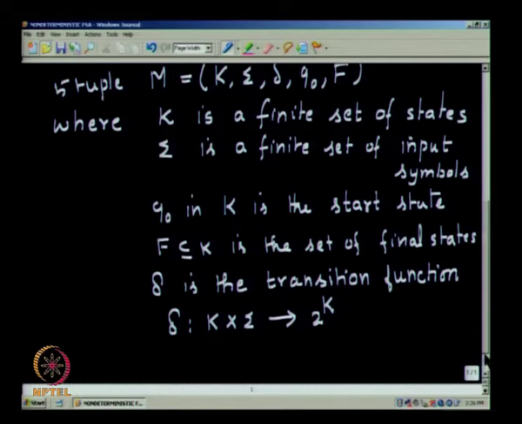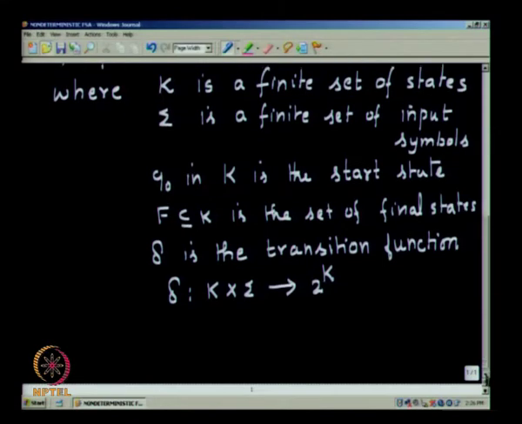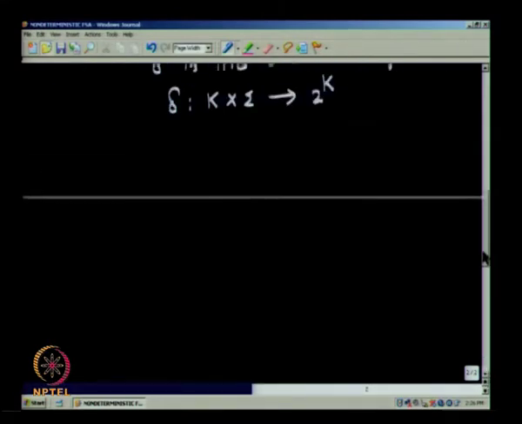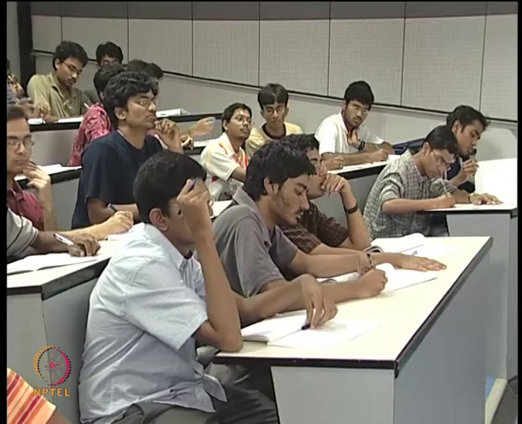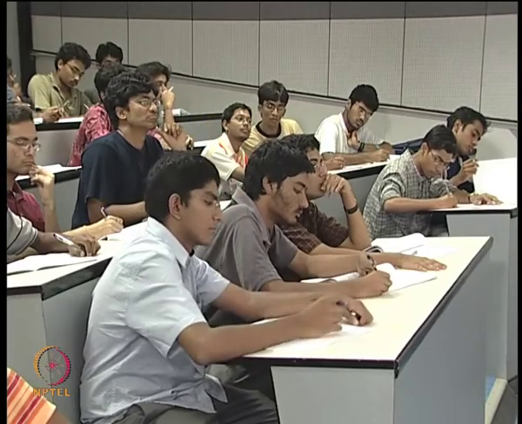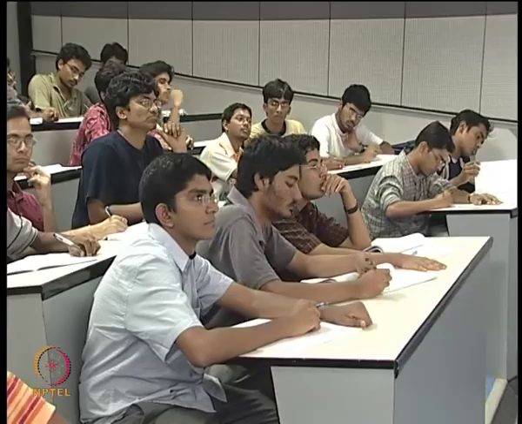Before going into that, let us take an example. Look at this state diagram. You have 3 states Q0, Q1 and Q2.